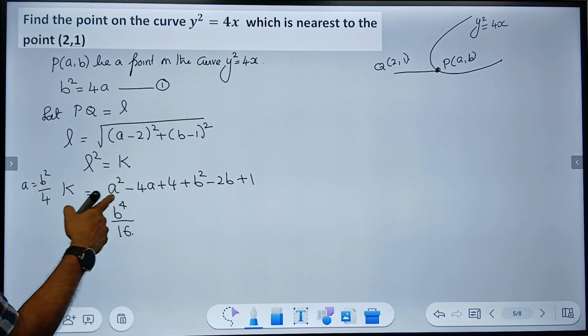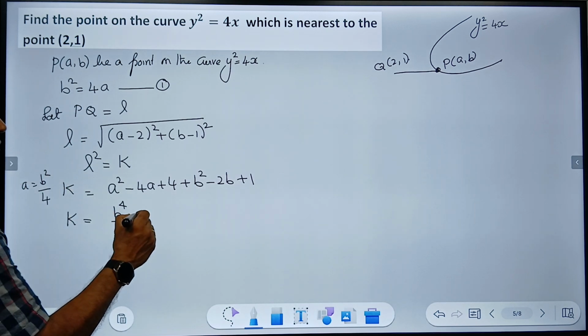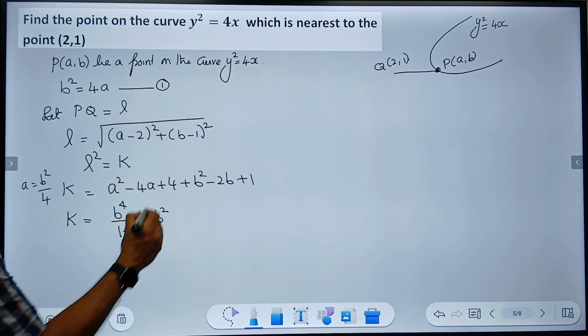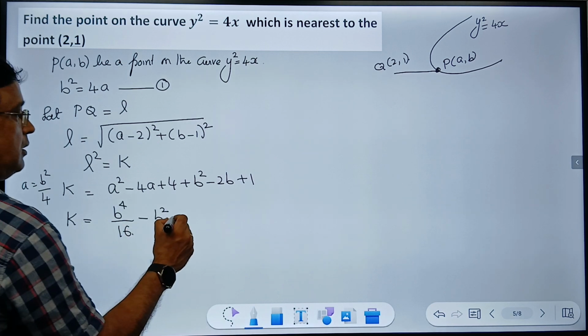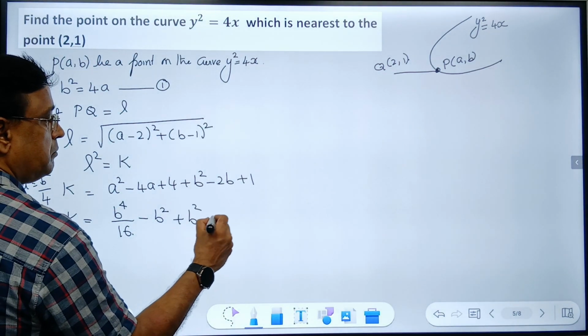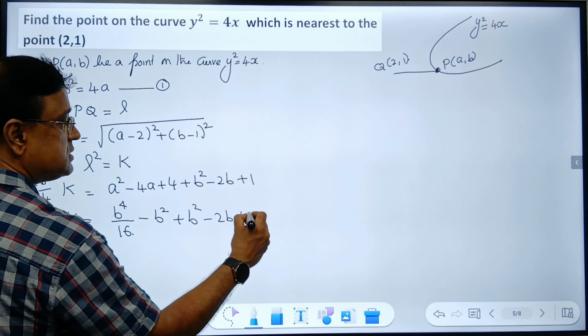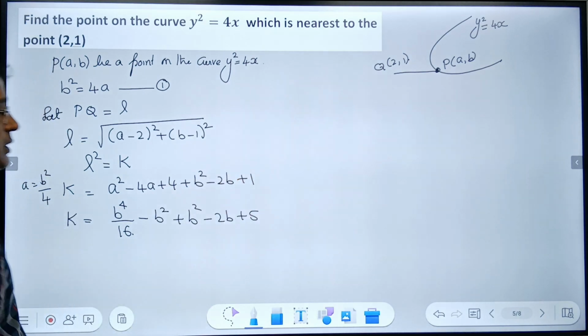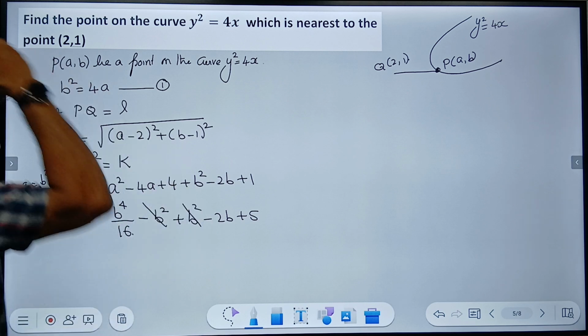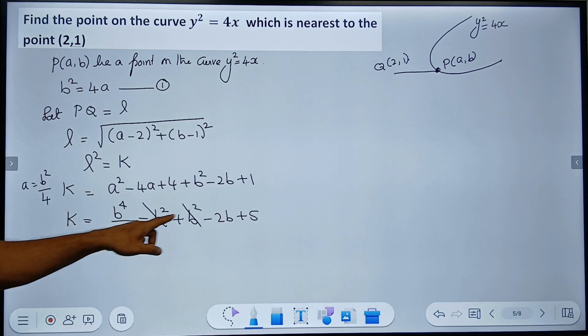So a squared will be b to the power 4 by 16. My 4a will be b squared, plus b squared minus 2b plus 5. I am adding 4 plus 1, that is 5. This can be cancelled. Now you can see clearly it has only one variable.